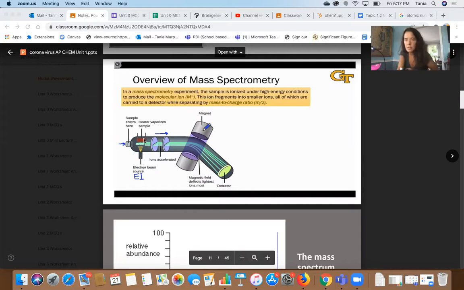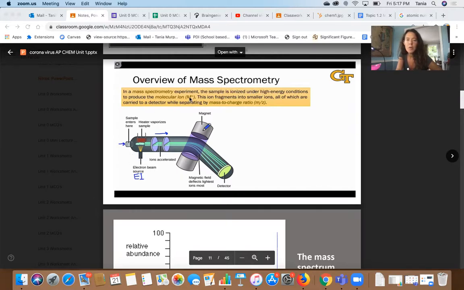I made these at the end of the school year last year because I had to rearrange all these units. Anyway, what we have here is an overview of mass spectrometry, also referred to as spectroscopy. And this is a rough diagram of a mass spectrometer.